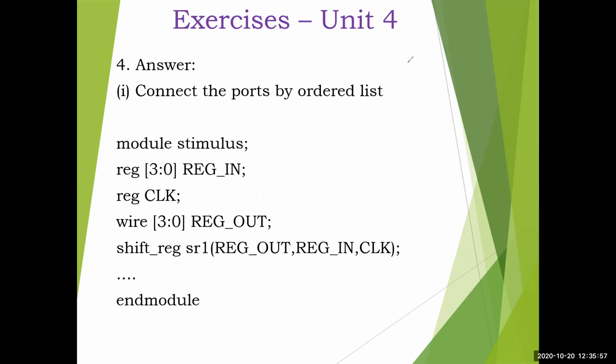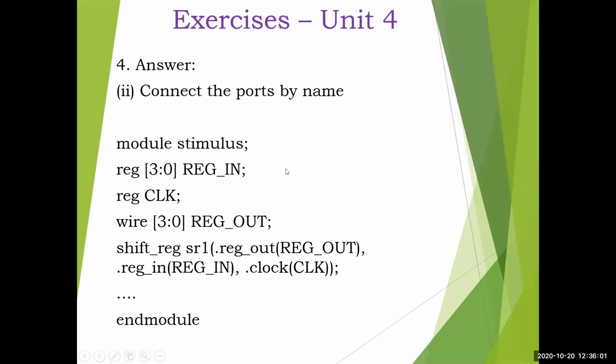Similarly, second one, connecting the ports by name. Module stimulus is the same, no changes here: register in, clock, register out. Now here we are using by name. Shift register, its name sr1. Now any order you can write. See here, register out I have written first, dot I have used, and inside that register out.